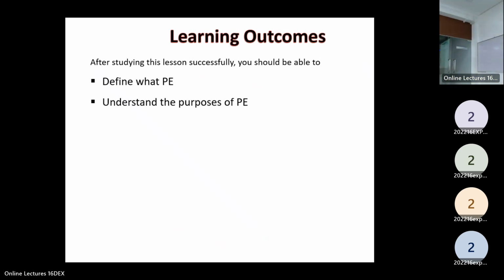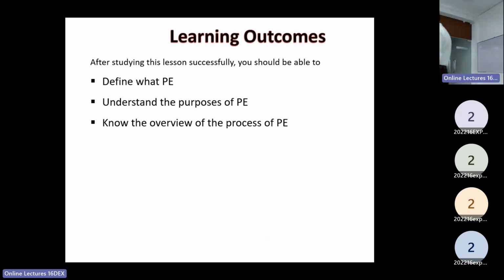Right. Then we are going to know the overview of the process of performance evaluation. Performance evaluation is a process. There are several steps. We are going to discuss a 10-step model of performance evaluation. There are 10 steps in the model that we are going to discuss.